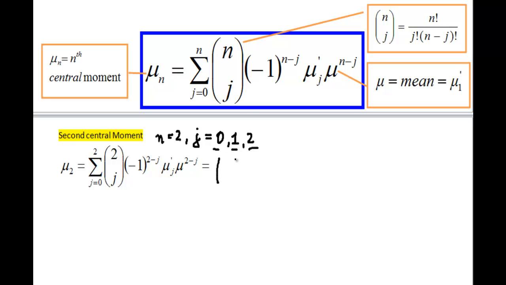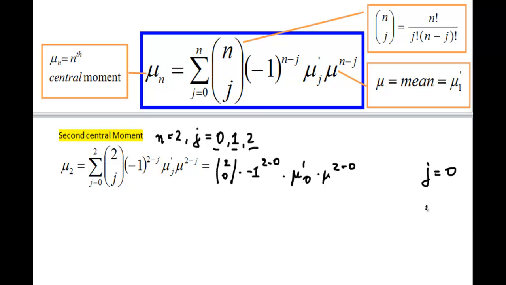So let's expand this expression, and I'll proceed as follows. For j equals 0, I've got 2 choose 0 times minus 1 to the power of 2 minus 0 times mu prime 0 times mu to the power of 2 minus 0. Each time I see j, I just replace it with 0.